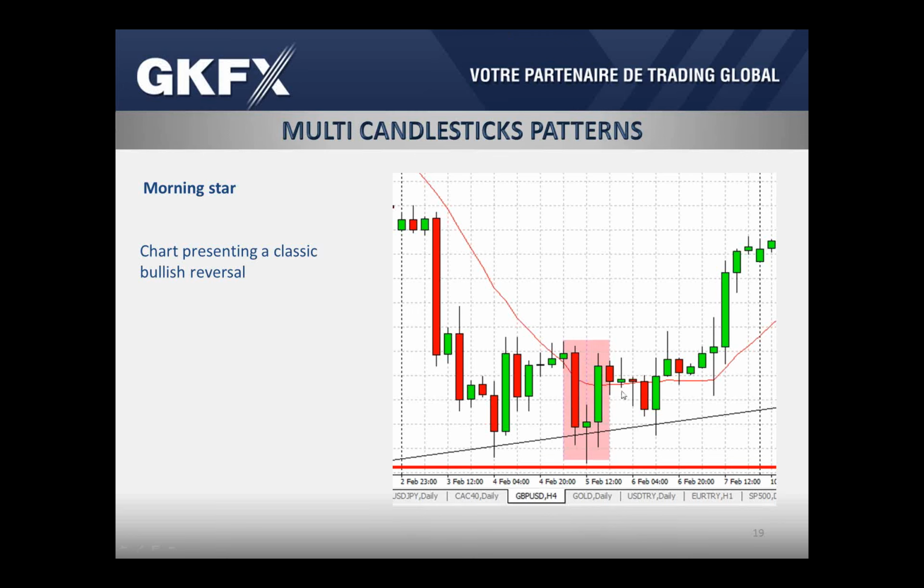So actually the morning star pattern is composed of 3 candlesticks. The first one is a massive bearish candlestick, then a short body or a doji, and the last candlestick is a strong bullish candlestick.